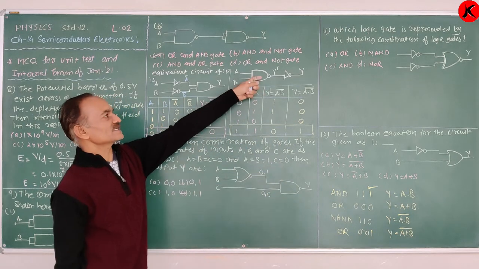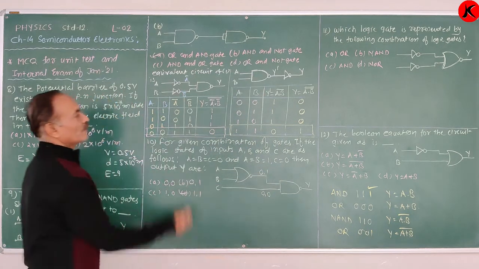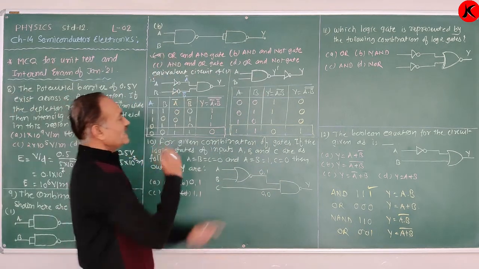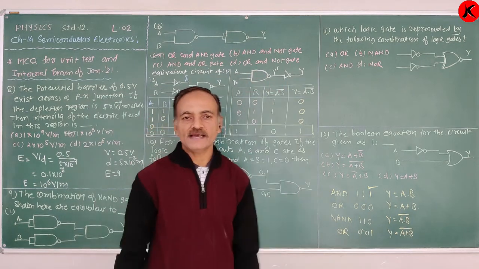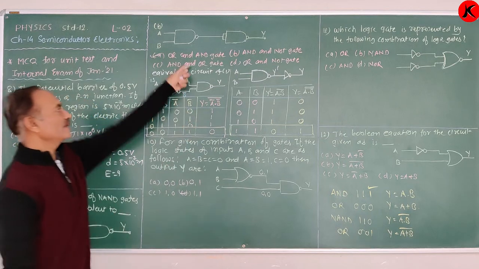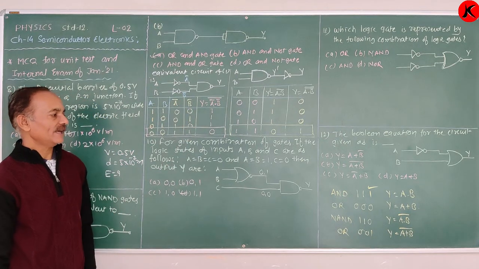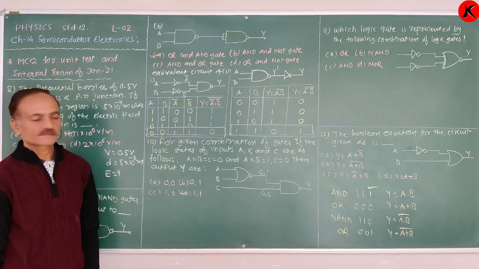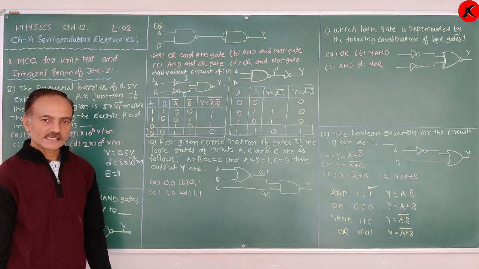Therefore, this combination acts as an AND gate. So the first combination acts as an OR gate, the second acts as an AND gate. From the truth table, we can prove it. Clear? Okay.